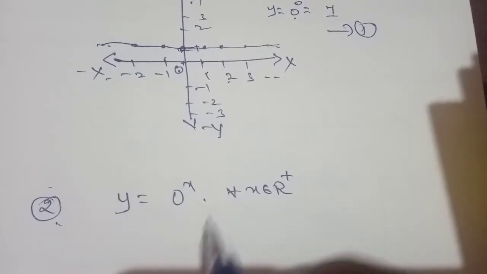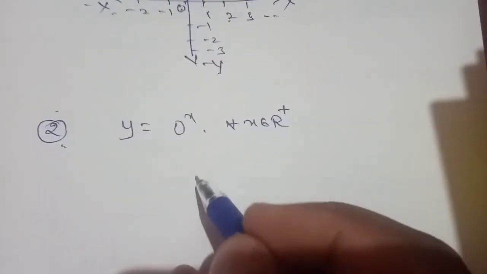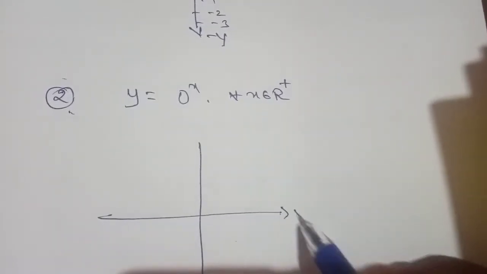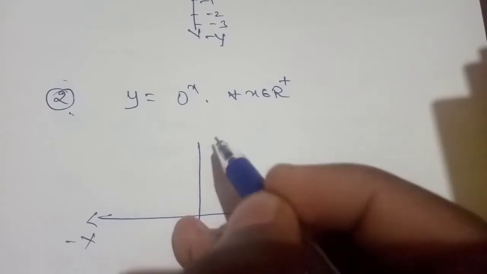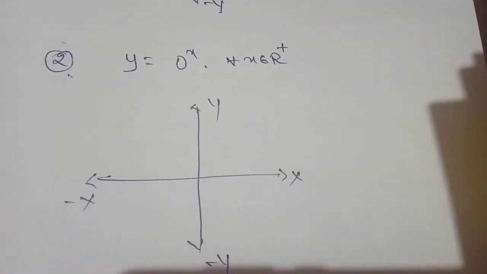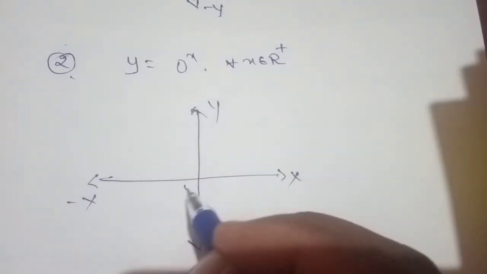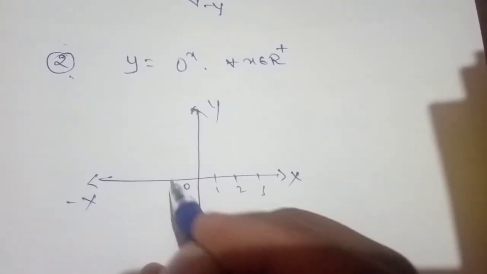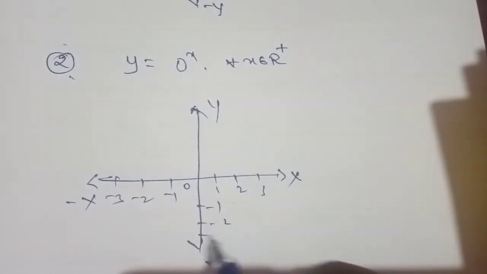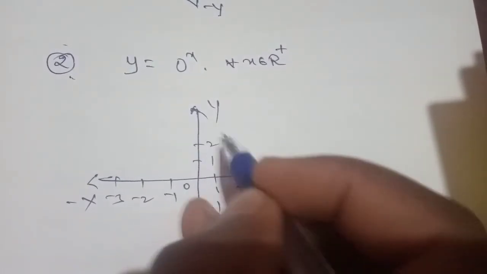Let's consider the x axis and y axis, the negative x axis, and the negative y axis. Same: 1, 2, 3, minus 1, minus 2, minus 3, here also minus 1, minus 2, minus 3.